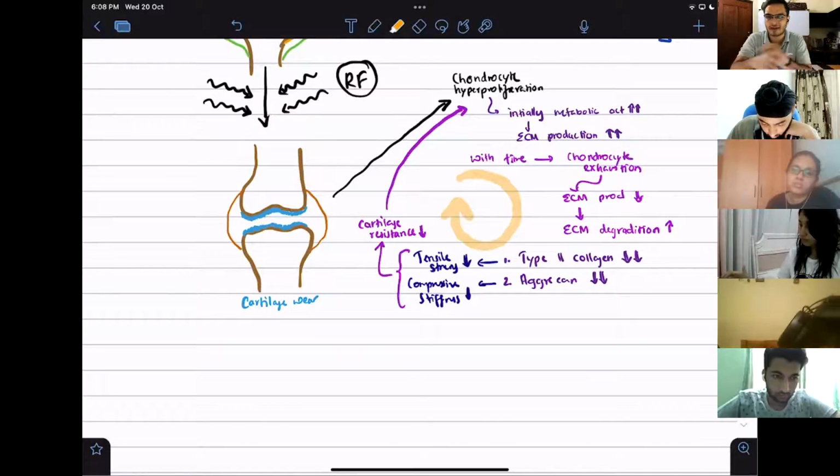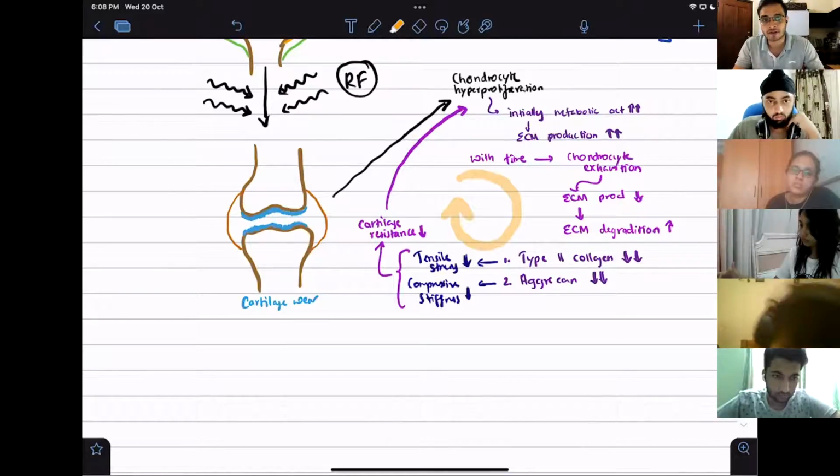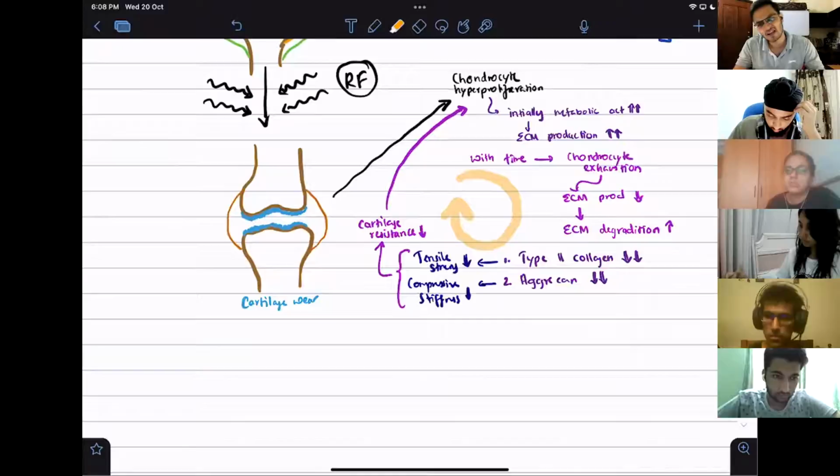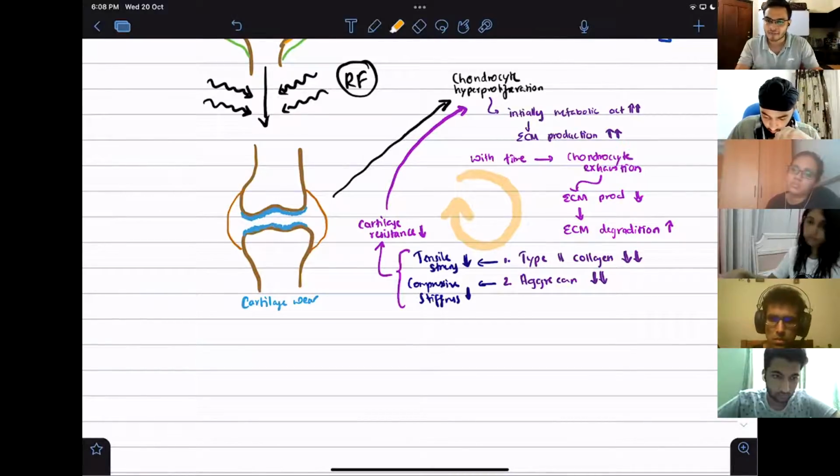They will have a joint pain somewhere, and then for a few months, no problem. When you take history from a mild to moderate case, he will say, doctor, I had some pain every now and then, and I didn't care about it. Why is that? It's because of this.